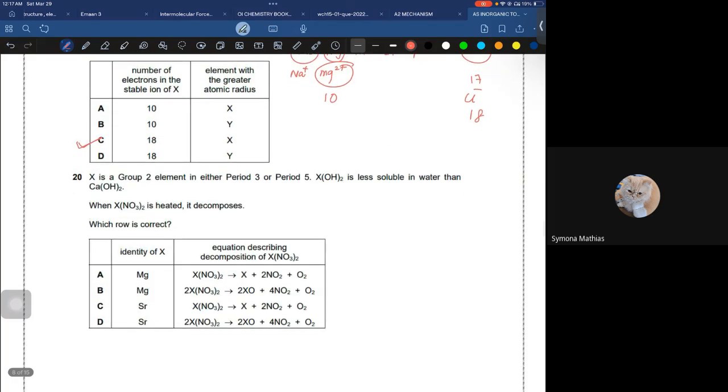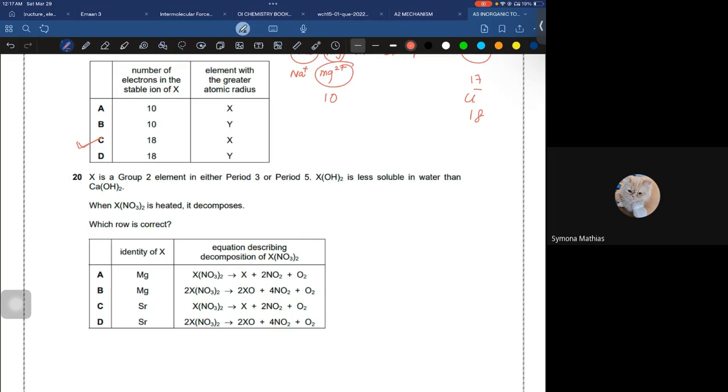See question 20, the last question. X is a group 2 element in either period 3 or period 5. X(OH)2 is less soluble in water than calcium hydroxide.